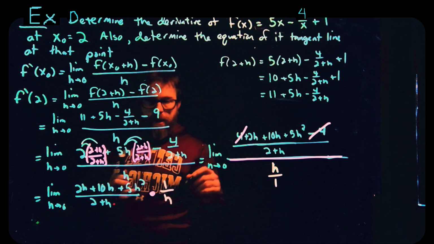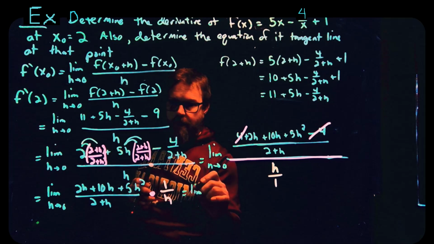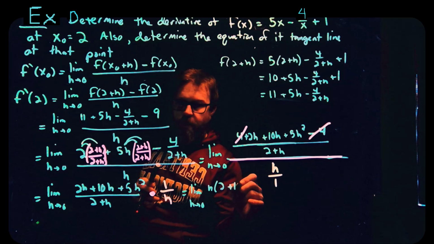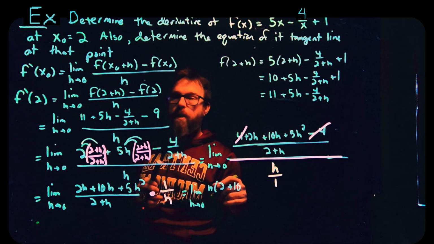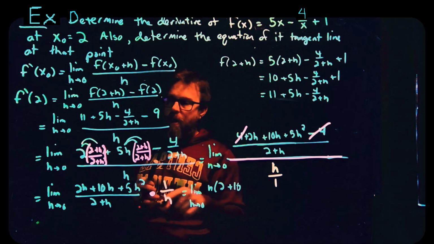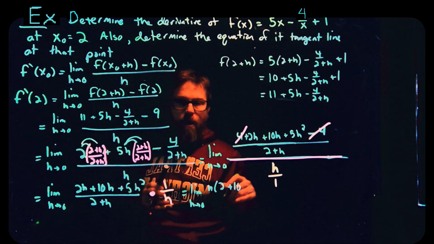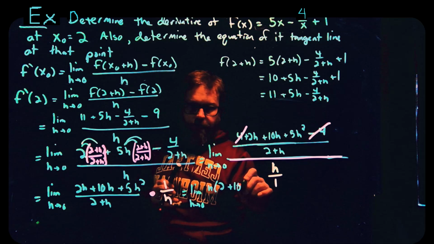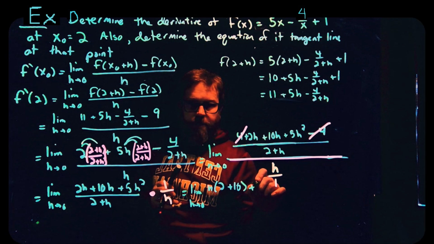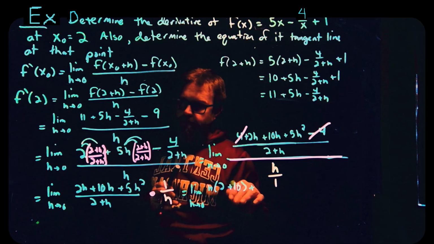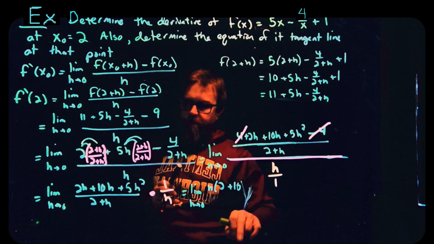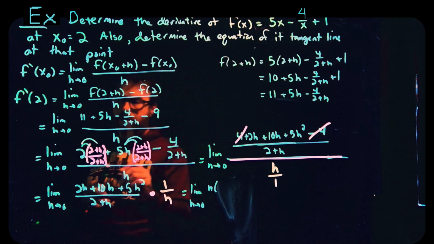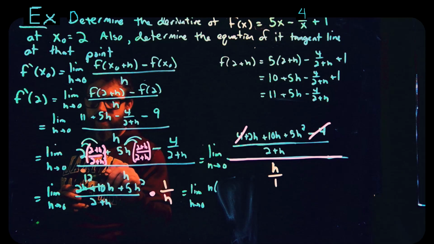Notice everything's got an h in the top. So this is going to be the limit as h approaches 0. Factoring out that h, I'm going to have 2 plus 10. Could have combined those, huh? I should have just written that as 12h, but it's too late now. What I was trying to say is you could say that's 12h, right?